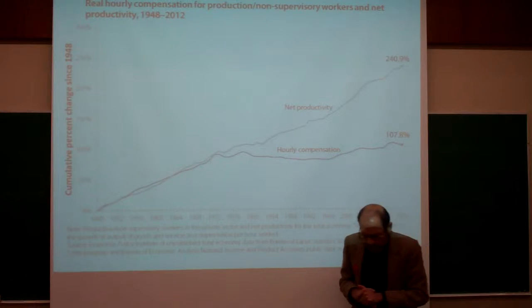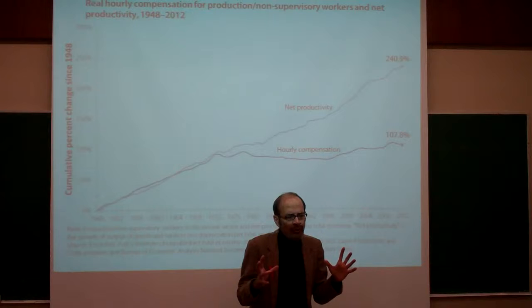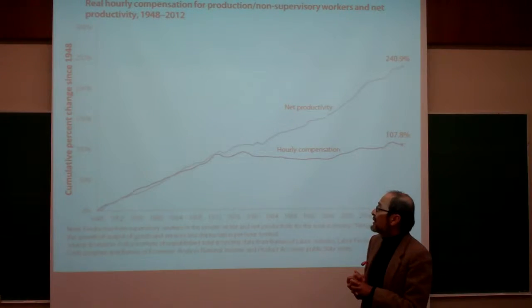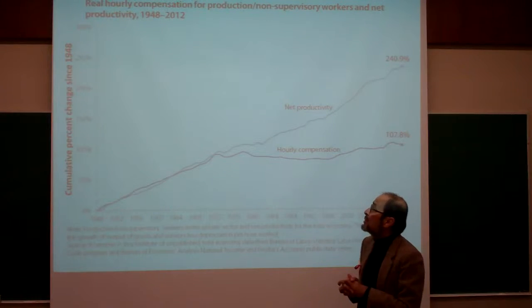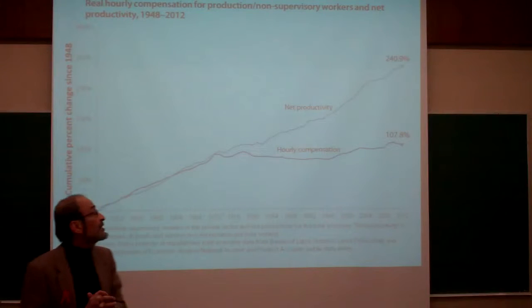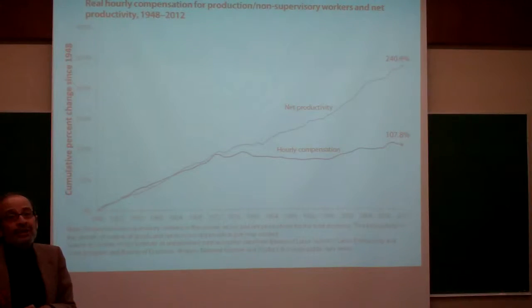However, productivity growth is not necessarily the whole story about why the GDP grows. Here is the example of the US. This is the US productivity growth versus how much each worker earns.